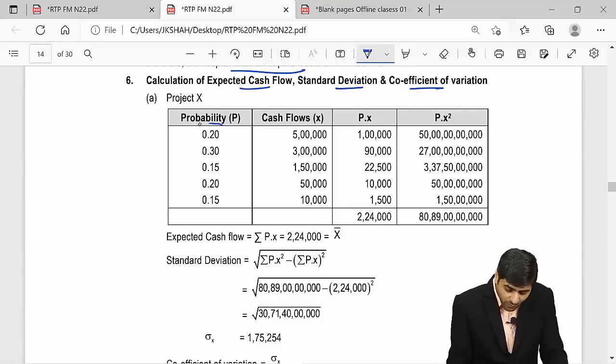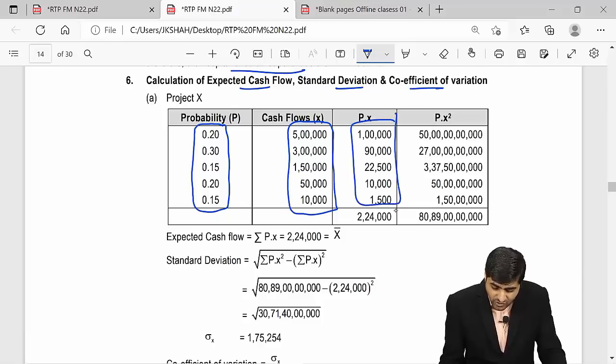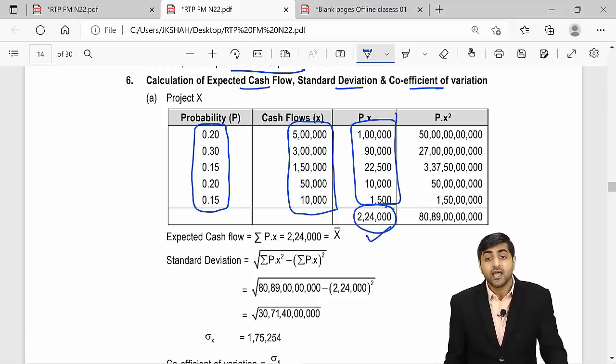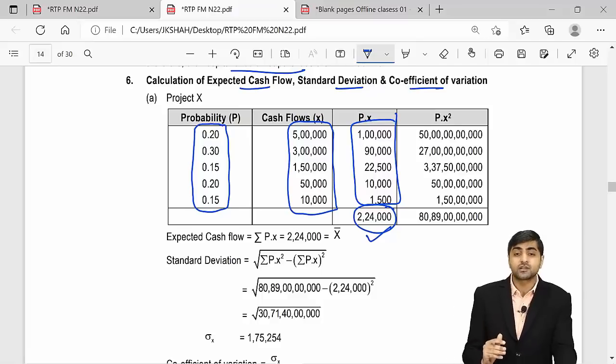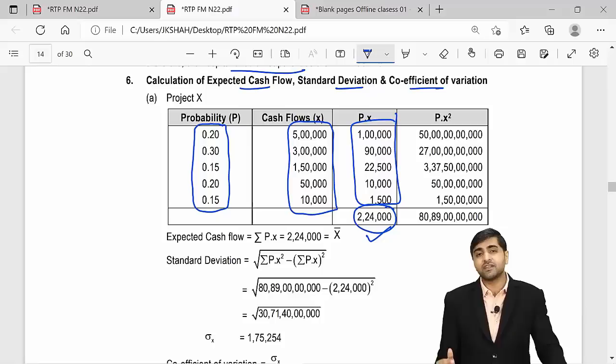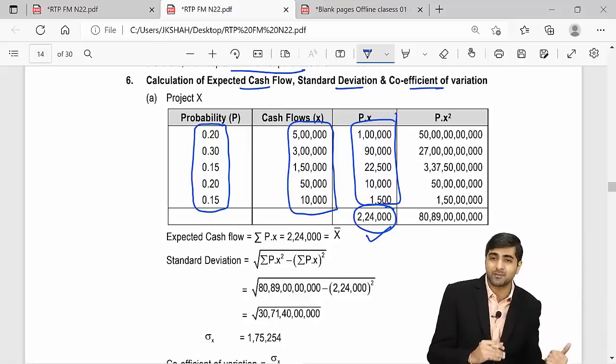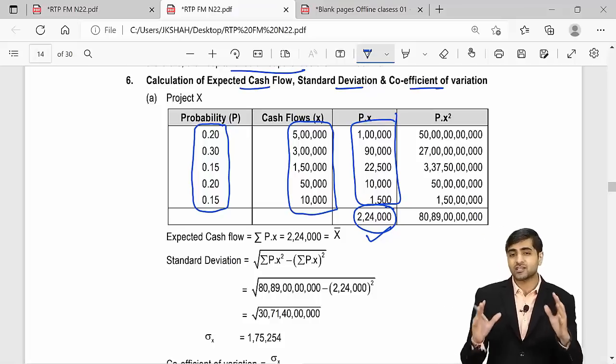We have the probabilities available. We'll multiply these by estimated cash flows. What you get here is called your average cash flows. These average cash flows will then be used as your X bar, and then we can take X minus X bar, square it and multiply that by probability to get your standard deviation.